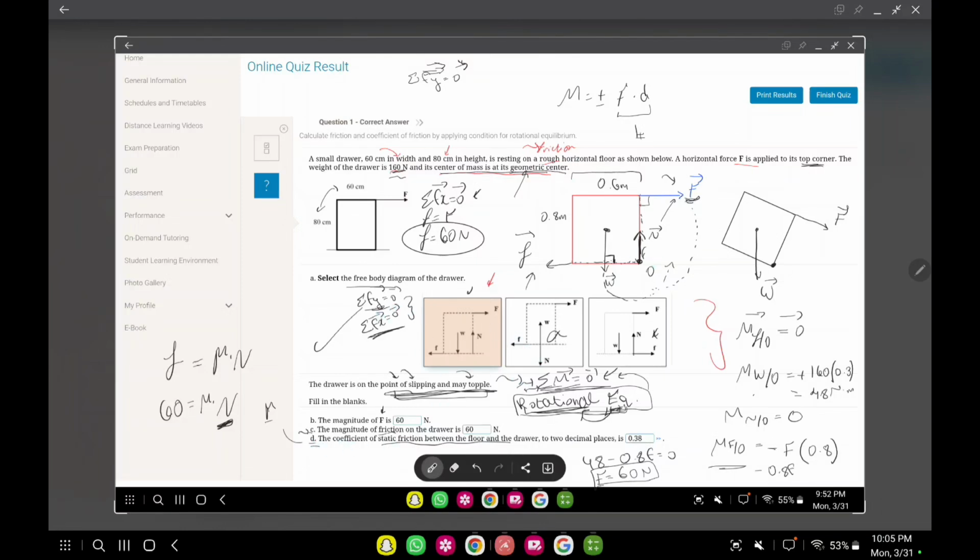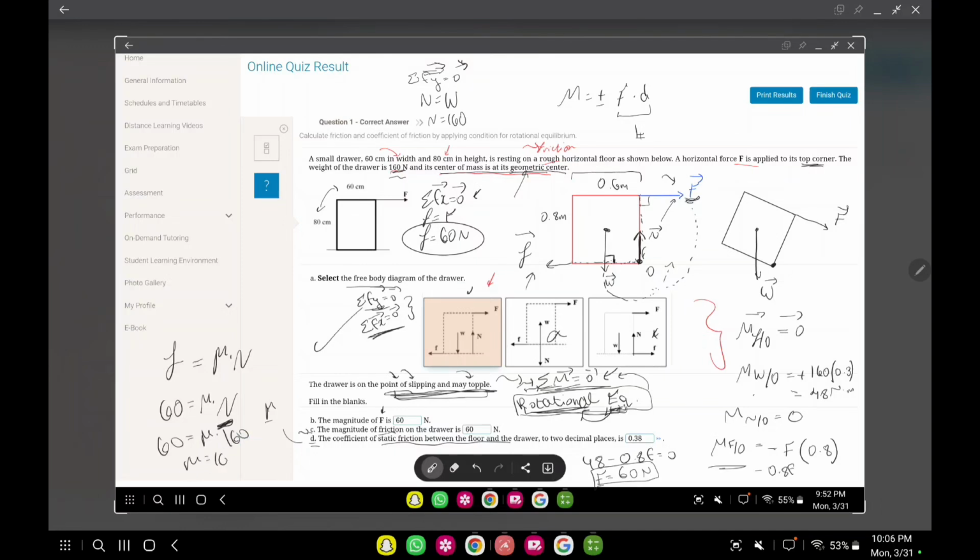So sigma Fy equals 0, what does that tell you? What's going up is equal to what's going down, right? So N is equal to W. That means N is equal to 160. So over here, 60 equals mu times 160.